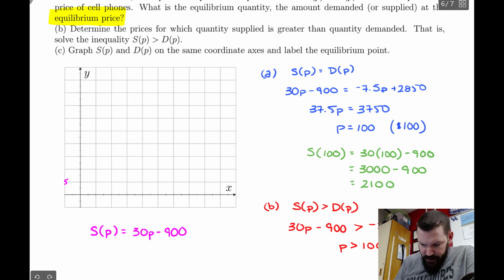I'll go by 500s on my vertical axis. This will be the number of cell phones. So 500, 1,000, 1,500.